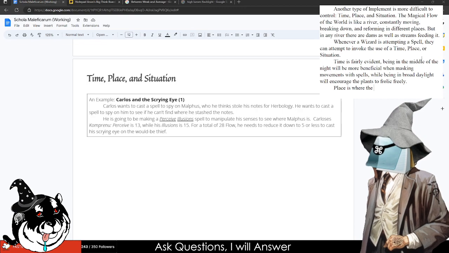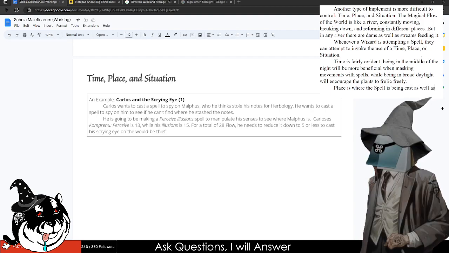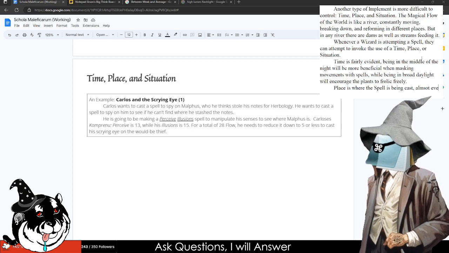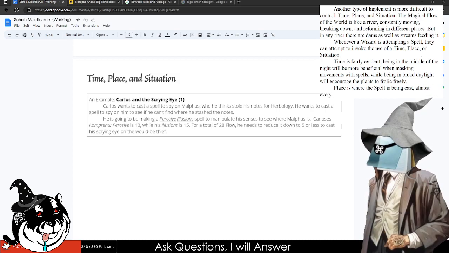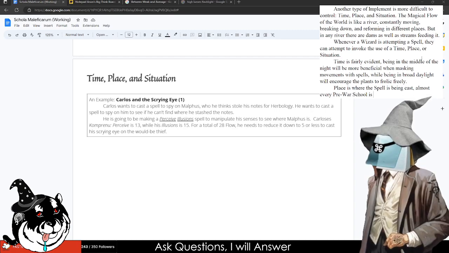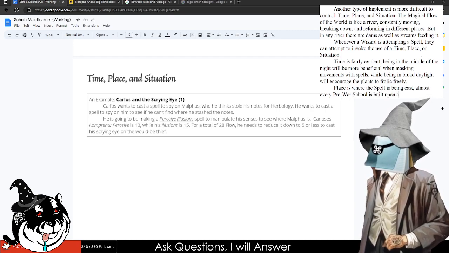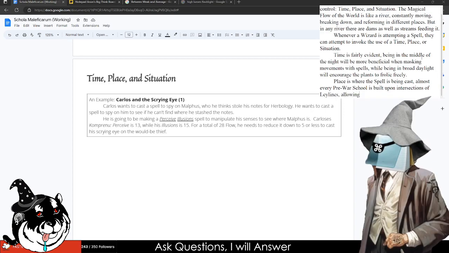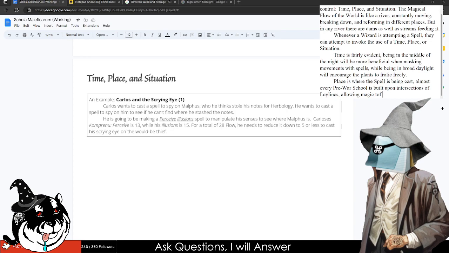Place is where the spell is being cast. Almost every pre-war school is built upon intersections of ley lines, allowing magic to flow freely.